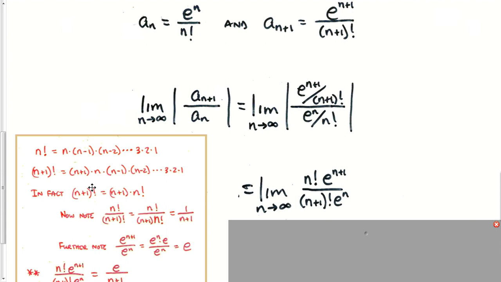We stop at 1. So 5 factorial would be 5 times 4 times 3 times 2 times 1. Hopefully you've seen factorial before now. But in general, n factorial means we start at n and then multiply by the integer 1 less than that, and then the integer 1 less than that, and continue all the way down to 1. We're assuming n is a positive integer.